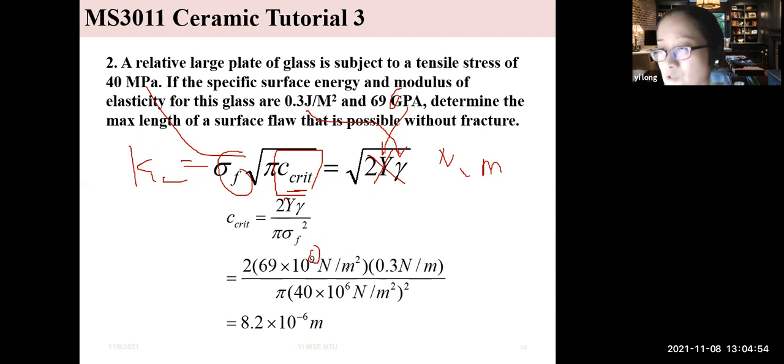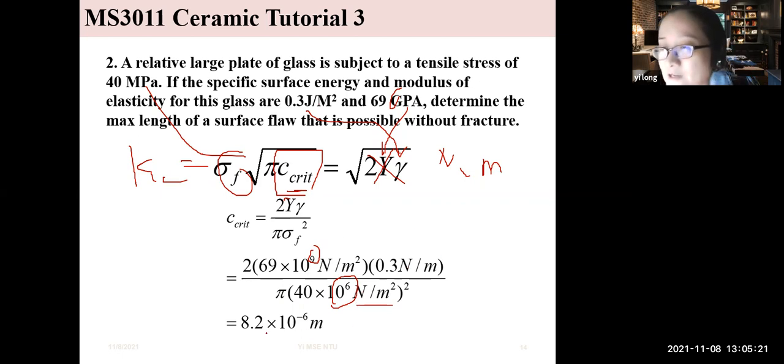Pascal is Newton per square meter, and the surface tension is actually just J per square meter, which equals Newton per meter. And also the pi is here. And now the one is a megapascal. Mega is a power 6. Pascal is still Newton per square meter. Once you do everything like this, it's almost impossible for you to make mistakes.